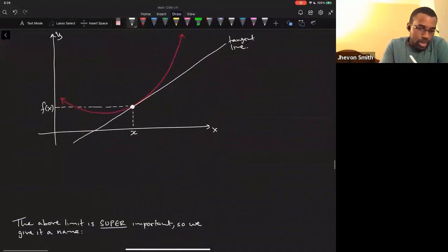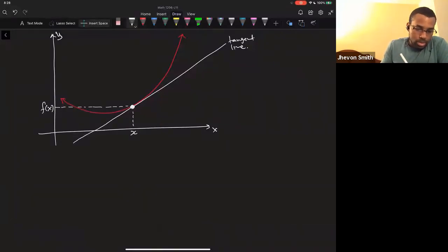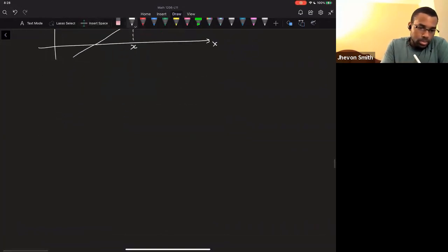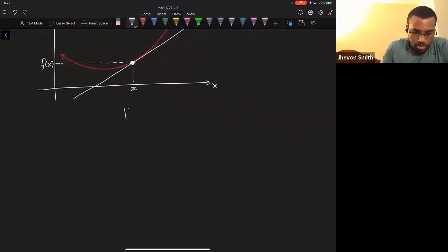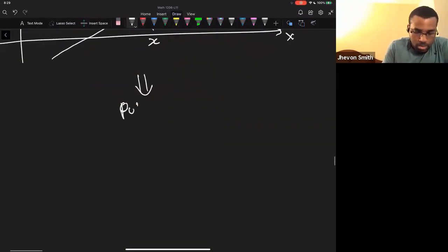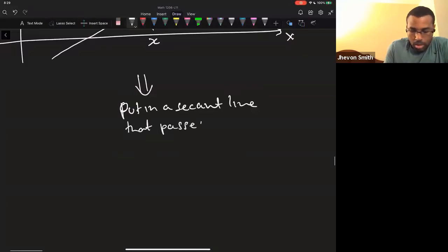But here, what we're going to do is put in a secant line through the same point.